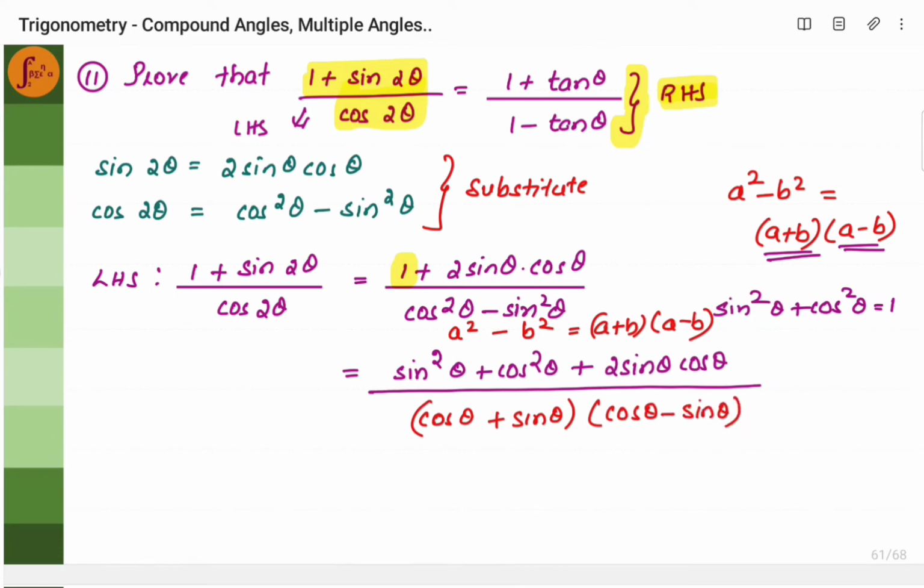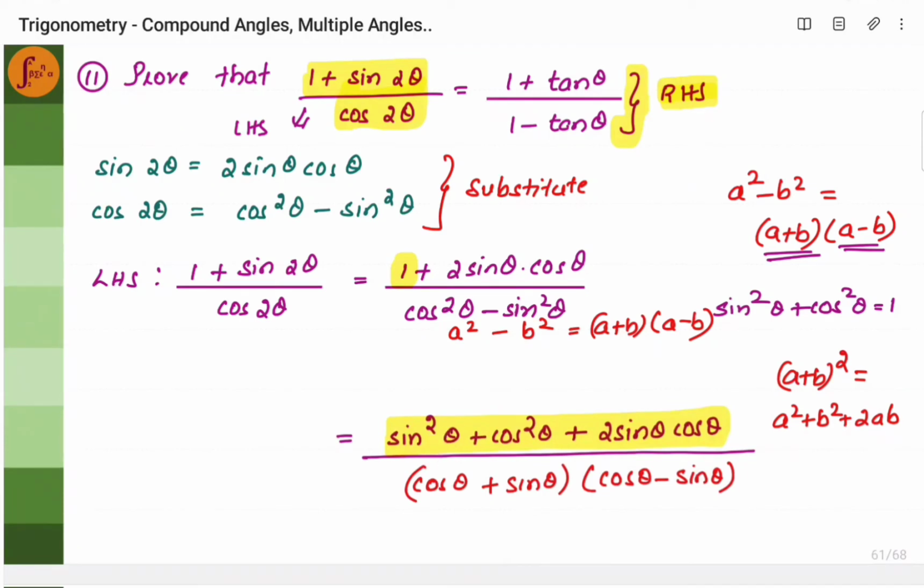Now again, you notice this particular expression, right? There is another algebraic formula. What is the algebraic formula? It's nothing but a plus b the whole square is a square plus b square plus 2ab. Now you notice this expression. This is of the form a square plus b square plus 2 into a into b, right?